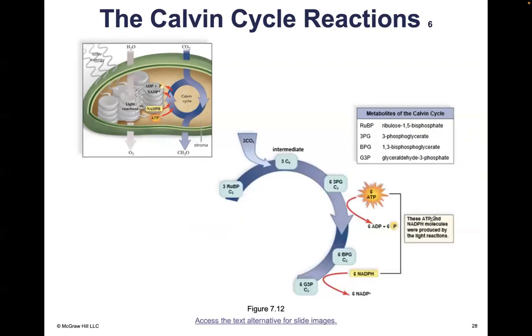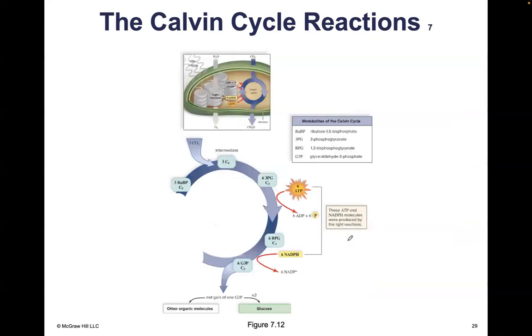Then notice the ATP and the NADPH molecules were produced by the light reaction. I think you still remember that. So it's telling you here that 6 NADPH has been utilized and oxidized to produce this. ATP has also been used to produce this.